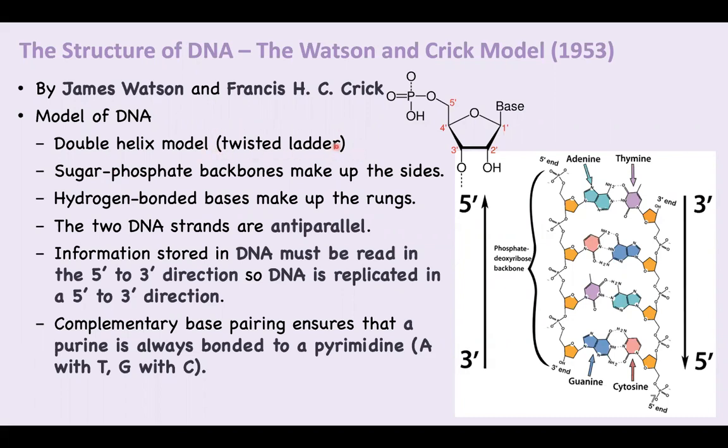If you look at page 213, you can see it looks a bit like a ladder, but a twisted ladder. They have a sugar phosphate backbone that makes up the sides, which is this. Okay, this is the phosphate deoxyribose backbone. And then they have the hydrogen bonded bases that make up the rungs. Okay, hydrogen bonds.